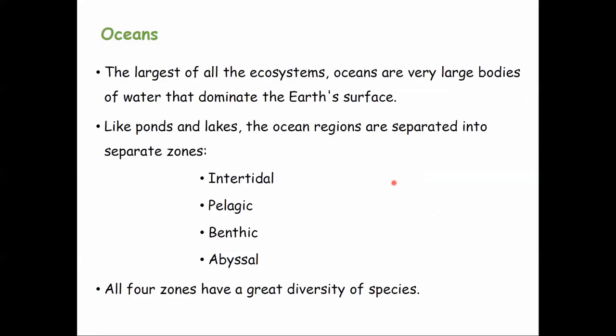The ocean also has zones, as we discussed in the freshwater ecosystem. How many zones did we discuss in the lentic ecosystem? Three zones. Can you list them?